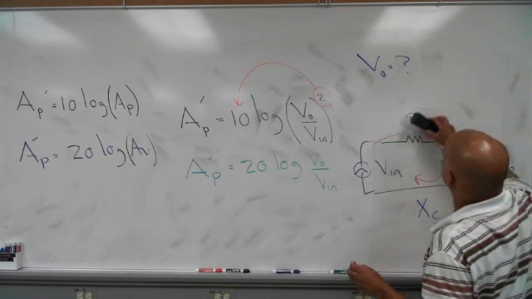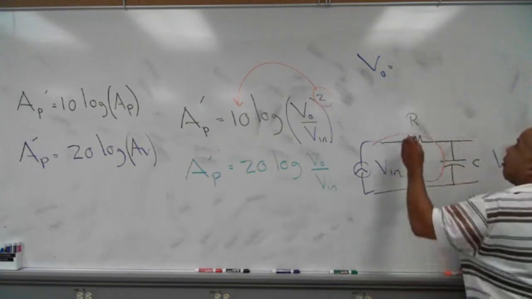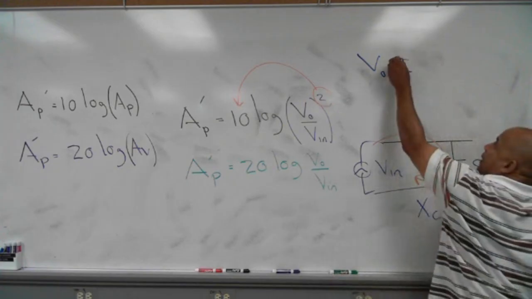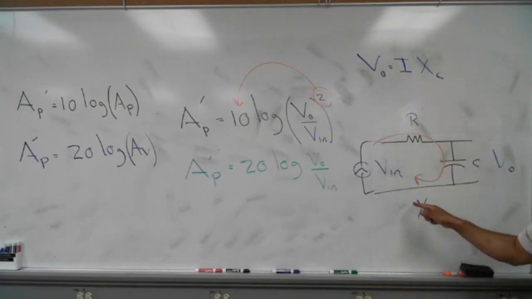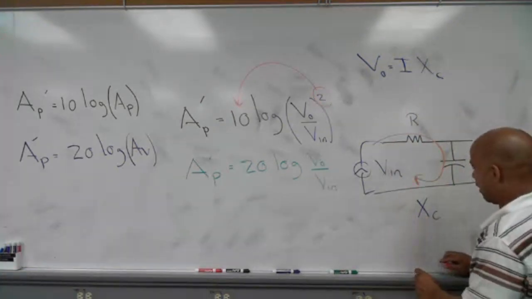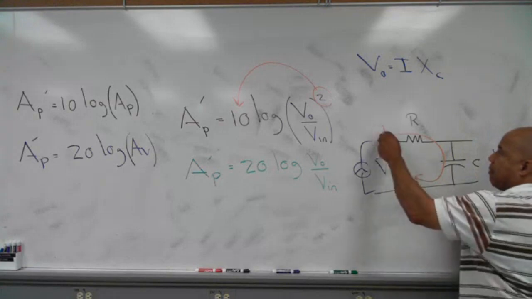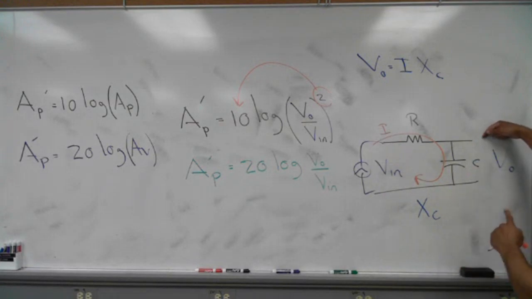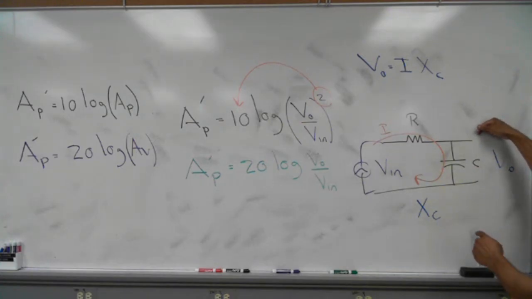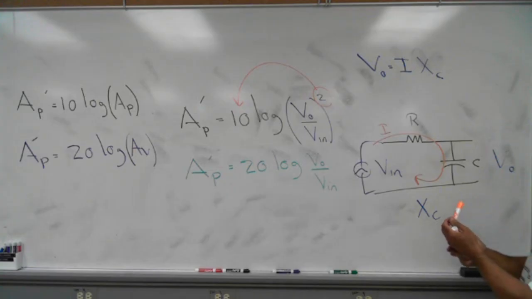And so the way to get V out would be to take the current, the orange is the current, multiplied by XC. Multiplied by this opposition, XC, will give me V out, the voltage across the capacitor for this particular circuit. And okay, I see that.